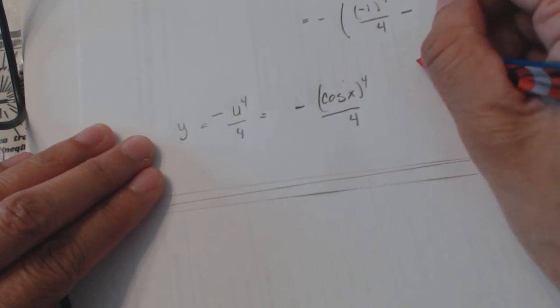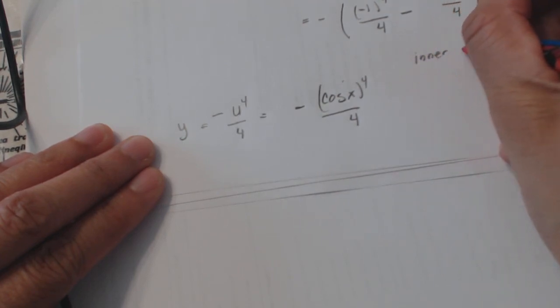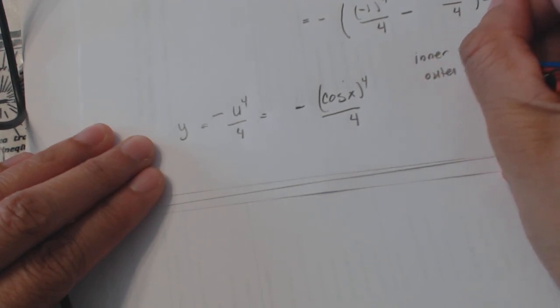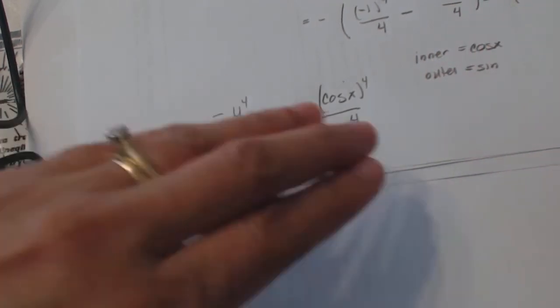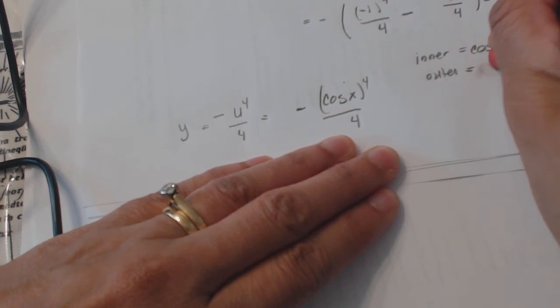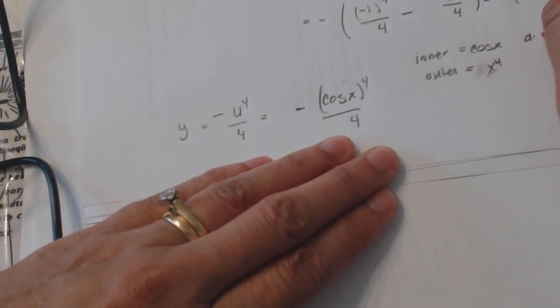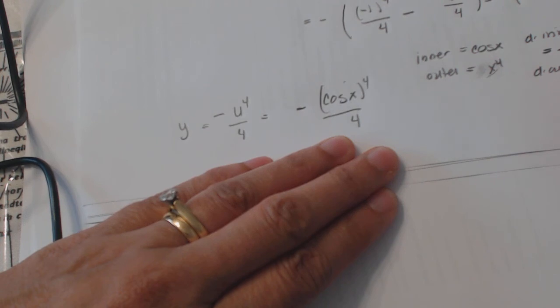So now if I do chain rule, my inner is cosine x, outer is x to the 4th. The derivative of the inner is minus sine x. The derivative of the outer is 4x cubed.